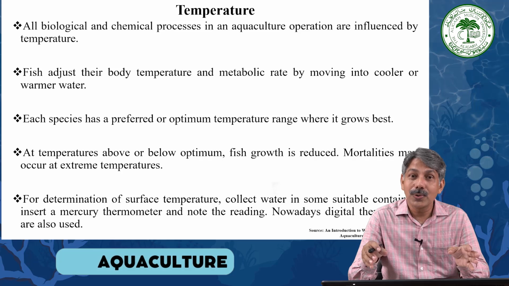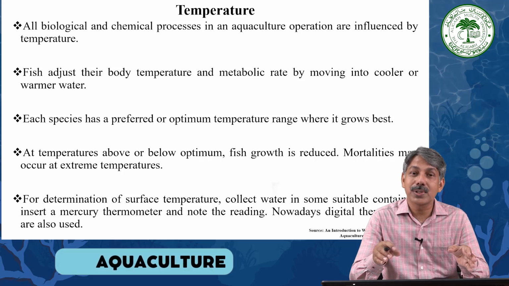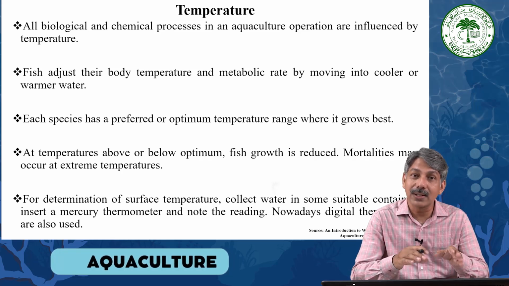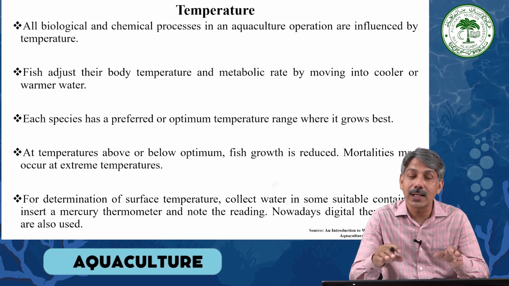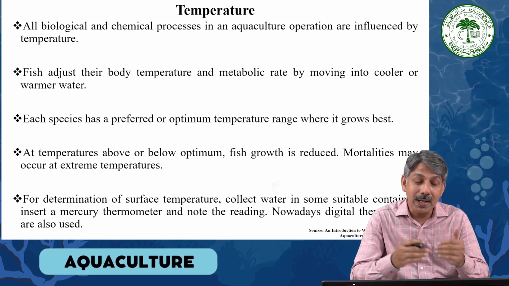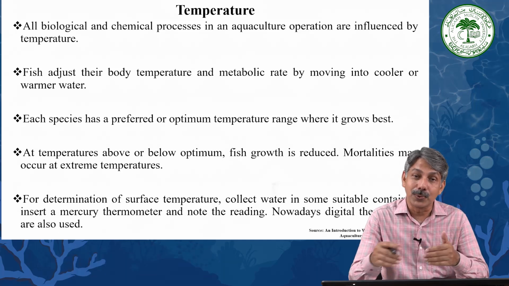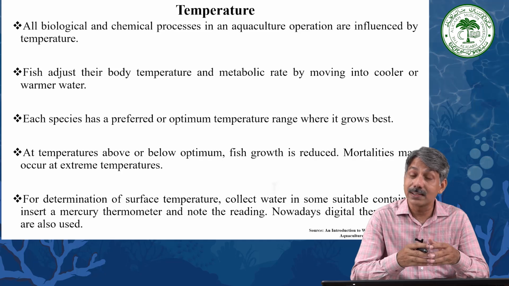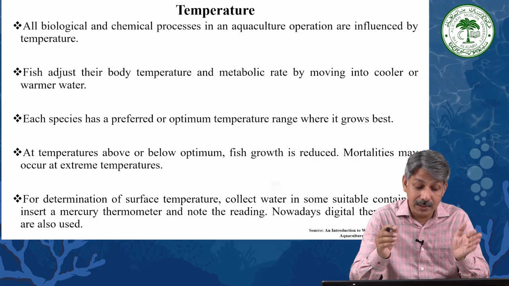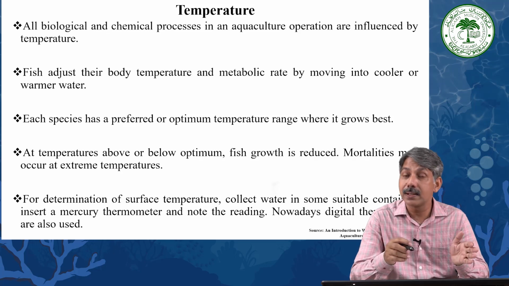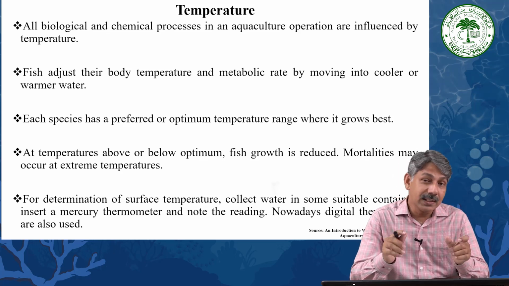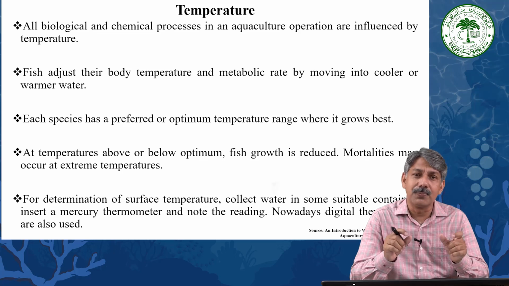They do not show any growth, and sometimes if those harsh conditions with regard to temperature continue for a long time, then you may get negative growth. So that is something which is going to influence the entire culture operation. I can tell you that keeping the temperature within the optimal limits is very important.